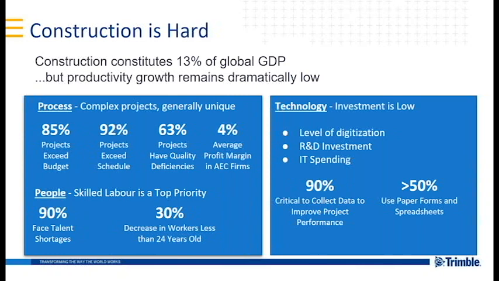Some of these figures quite scary and relatively high, but a large number of projects are still exceeding budget, still running over time, which again is going to be a cost implication for people, and a number of them have quality deficiencies. Companies making very small margins, so construction is very high risk for some of these companies. Each project that they take on, very high risk with a very small profit that they're going to make.